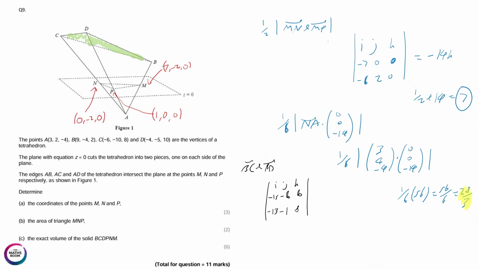Okay, so need this vector, guys. Right, so let's work this out then. So my I component is minus 48. So minus 48 plus 6 is minus 42.